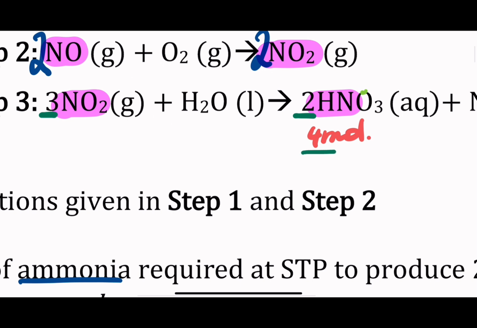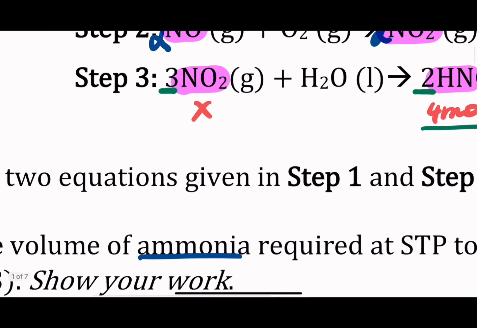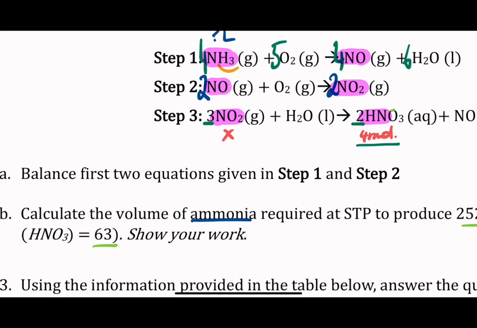So if you have 4 mole of HNO3, we're gonna make cross multiplication like that, and this will give us 2x equals 3 times 4, x equals 6 mole. So we have here 6 mole of NO2.